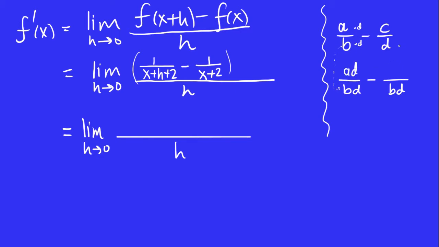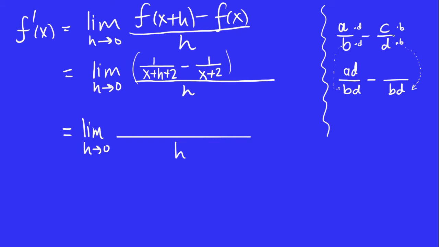Now let's apply the same idea here. It was d, but I want to now make it into bd. So what do I multiply d by to make it into bd? That's pretty obvious. I multiply by b, right? If I multiply either the top or the bottom of a fraction by a number, I have to multiply both the top and the bottom by that same number in order to preserve the fraction, so it's still the same.